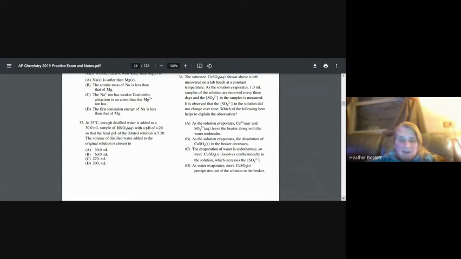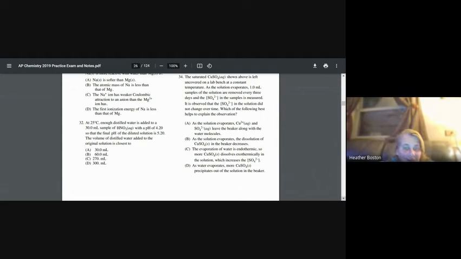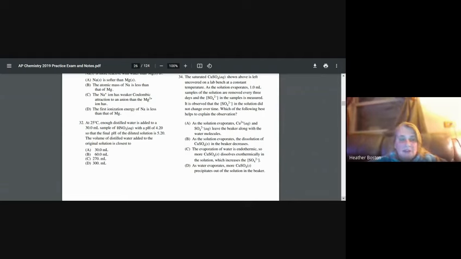So how much water would you add so the volume is 10 times as much? 10 times 30 is 300. The question is basically asking how much water you would add to 30 milliliters to get it to be 300 milliliters.